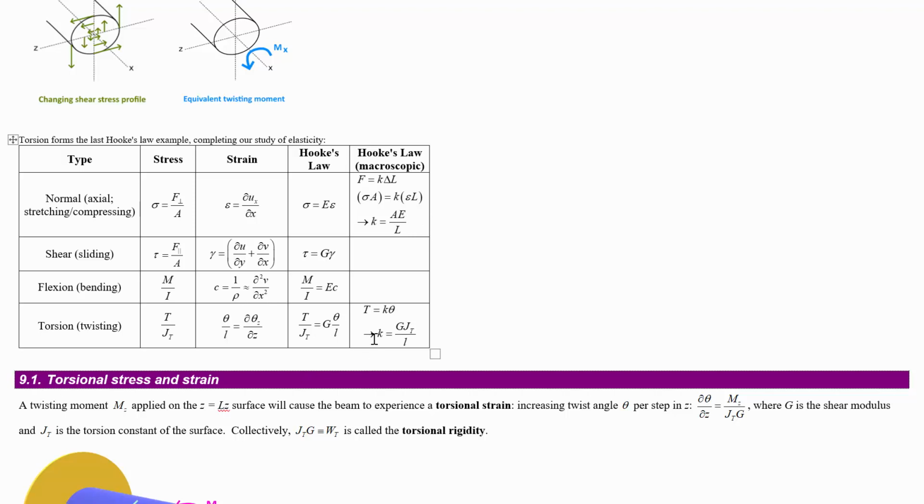The same thing actually is true for torsion. We can also write a macroscopic kind of twisting spring constant, rather than a stretching spring constant, and say that the torque applied is equal to the spring constant for twisting times the twist angle that we have at the spot where we're applying the torque. So the twisting torque divided by twisting angle, after substituting in the other stuff over here, you can see that the torsional spring constant has to be the shear modulus times the torsion constant divided by the length of this rod.